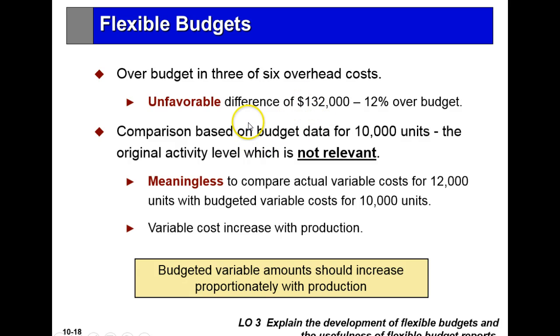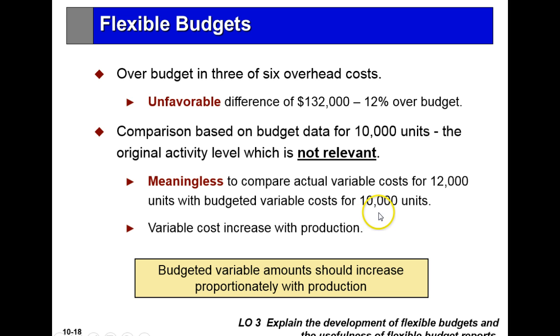Now this unfavorable difference of 132,000, 12% over budget, really is based on 10,000 units, but we produced 12,000 units, right? So in this case, isn't it meaningless to compare 10,000 units based on cost to 12,000 units?